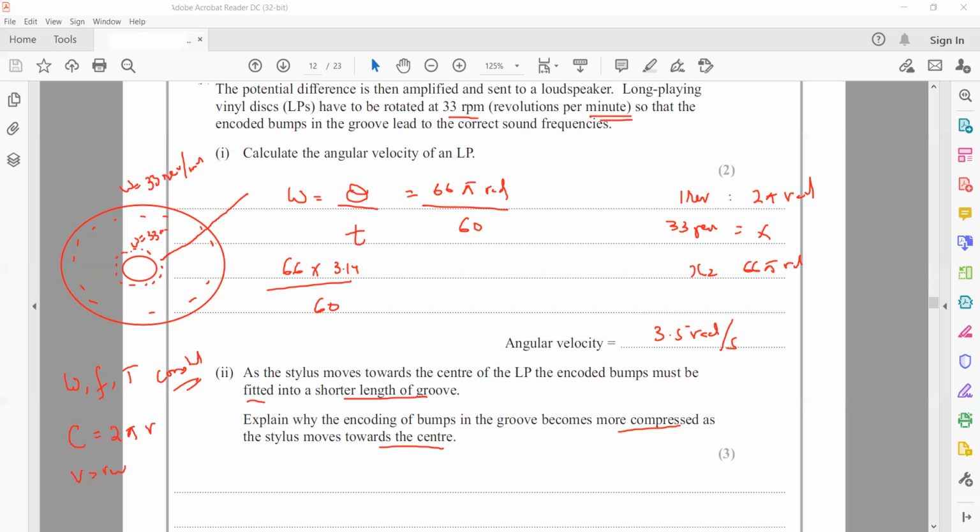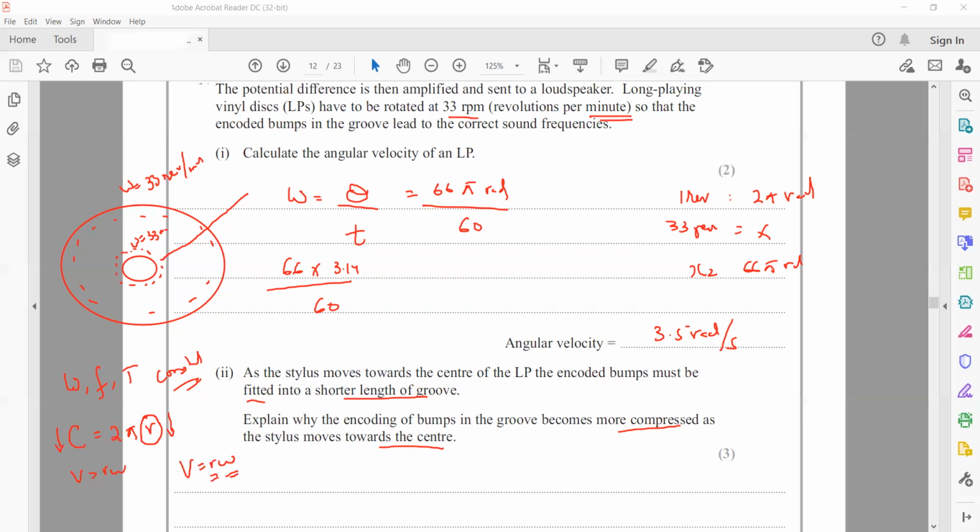So basically what happens, as you can see, when it is moving closer to the center, the circumference decreases. If the circumference decreases, the radius will decrease as well. And if the radius decreases, we have this formula v is equal to r omega.